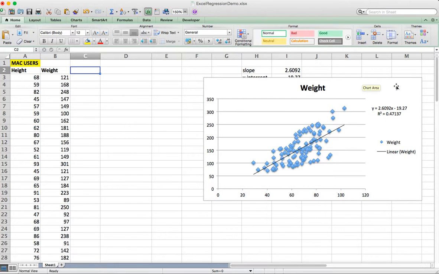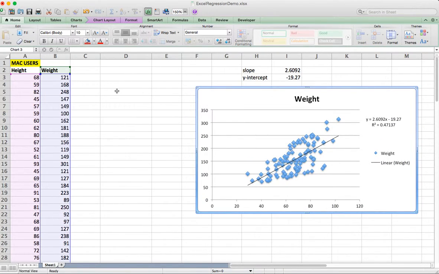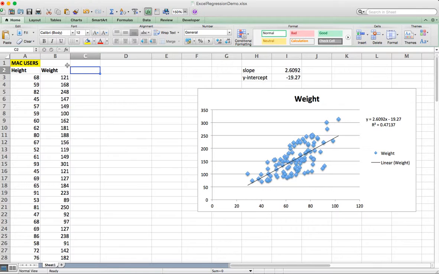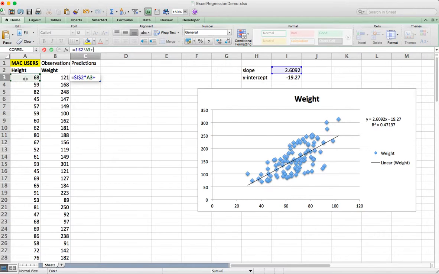We're going to use this regression line to make predictions, because these weights are our observations. And the whole point of doing regression is so that you can make predictions. So I'm going to say equals my slope, except I want to lock that in, so I'm going to manually stick some dollar signs in there, times my x values plus my y-intercept.